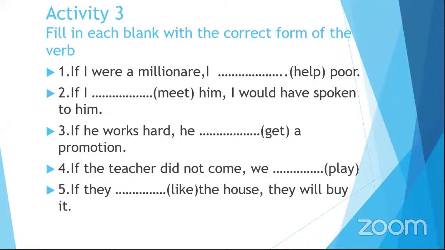Writing this, once again I stress the fact that you need to pay attention to the structure or the verb form. The verb form will tell you which category it actually belongs to. Some have already finished, but I will give you another 2-3 minutes.